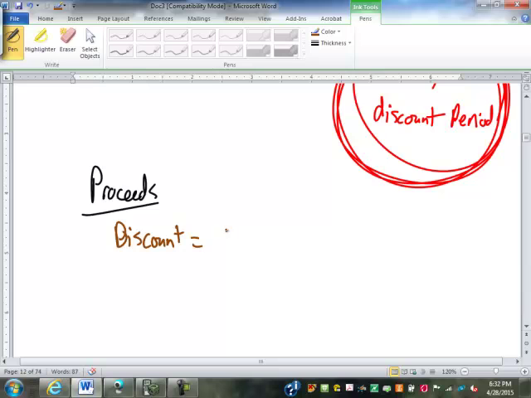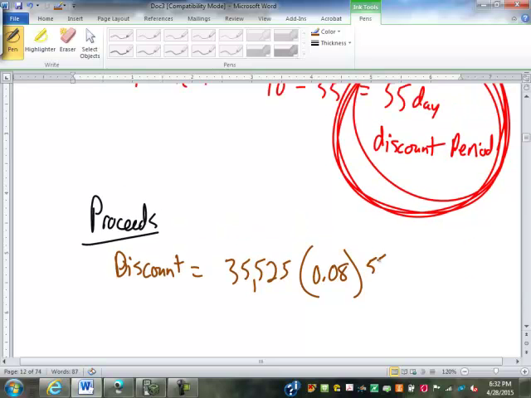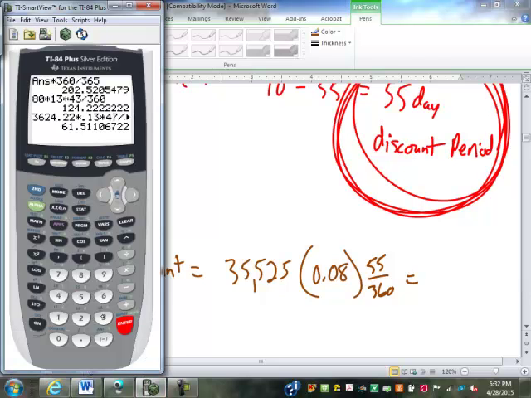We're going to take that $35,525, the maturity value, times the discount rate, 8%, times discount period, 55 over 360. $434.19.